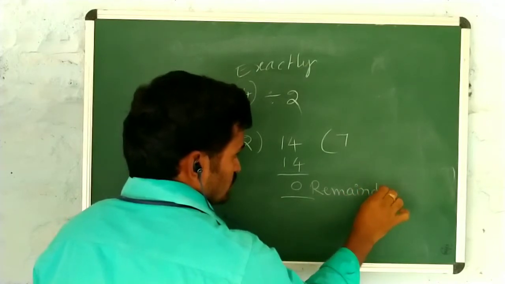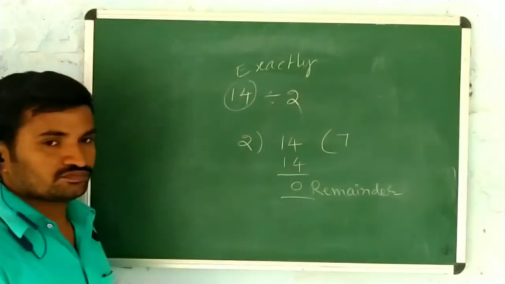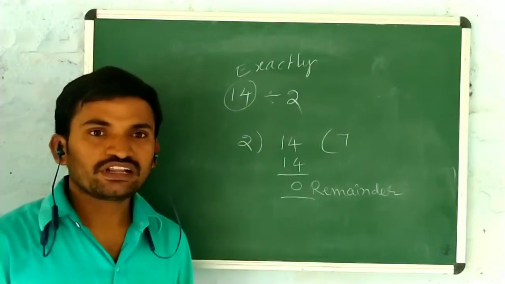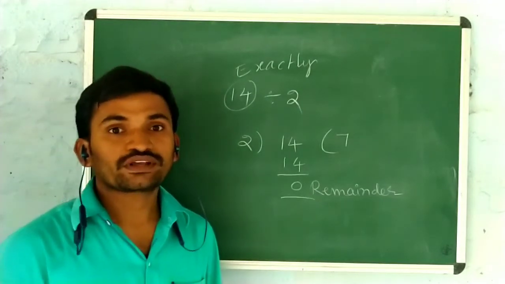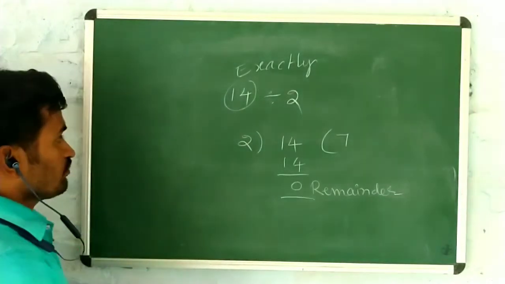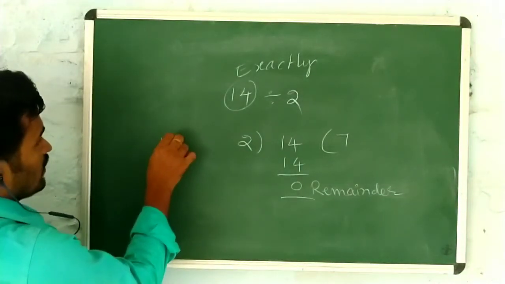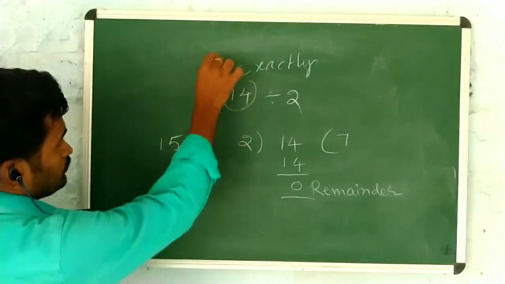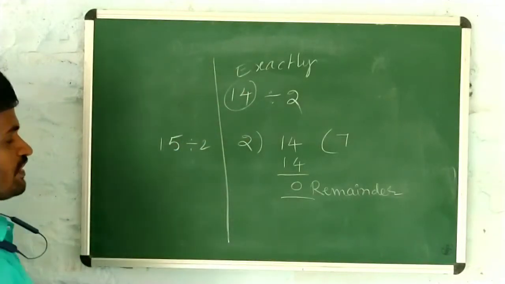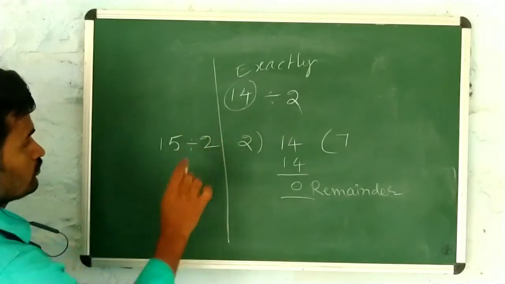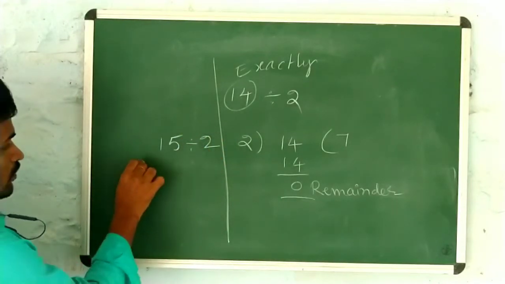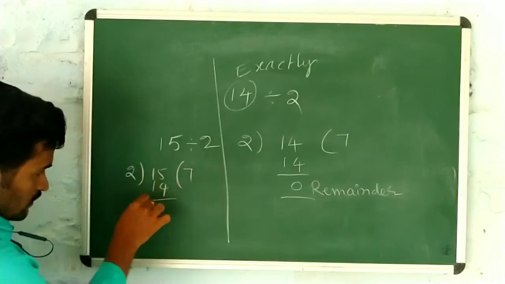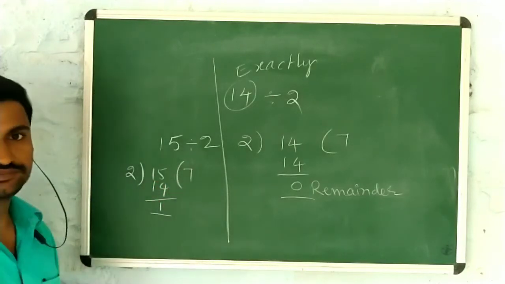What will happen if the remainder is not 0? For example, take 15 divided by 2. We know 2 sevens are 14. The remainder is 1.